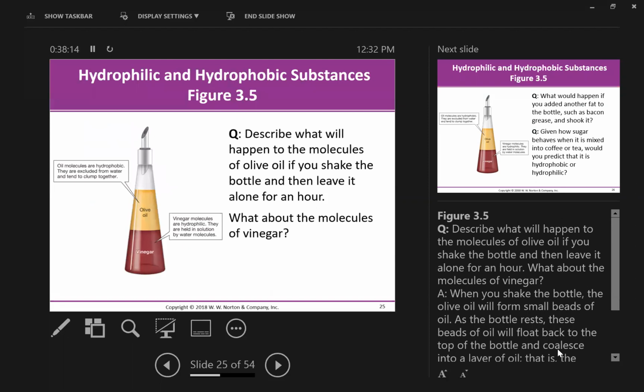Okay, so what will happen to the molecules of olive oil if you shake the bottle and leave it alone for an hour? What about the molecules of vinegar? Like we just talked about, if you shake this together, the beads of oil will float right back to the top of the bottle.